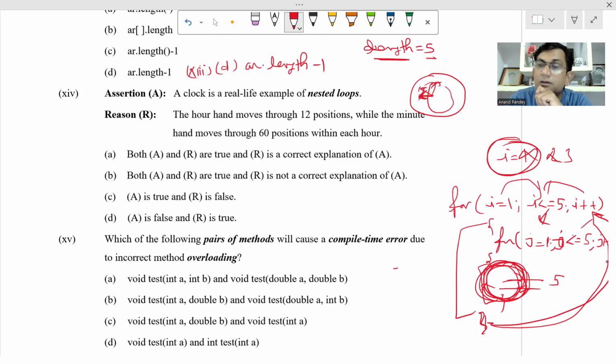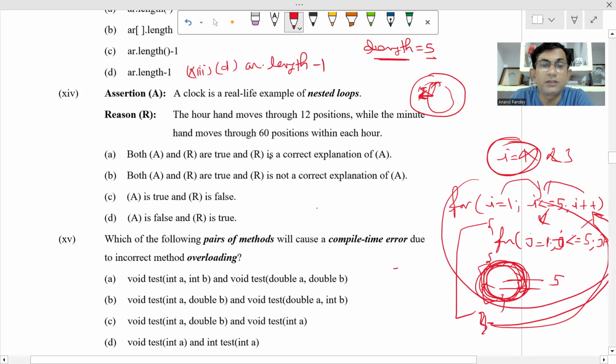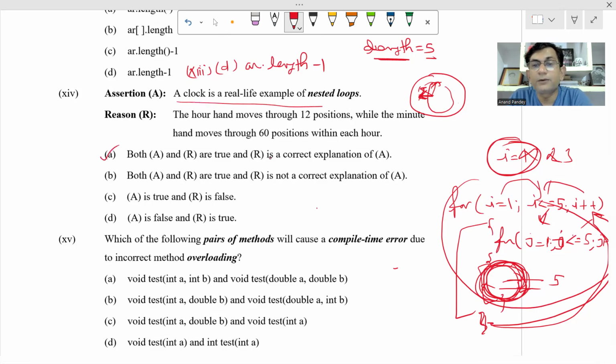This is how a clock works, and I have related it with the nested loop. So this is true. Here both assertion and reason are true, and R is a correct explanation of A. A clock is a real life example of a nested loop.